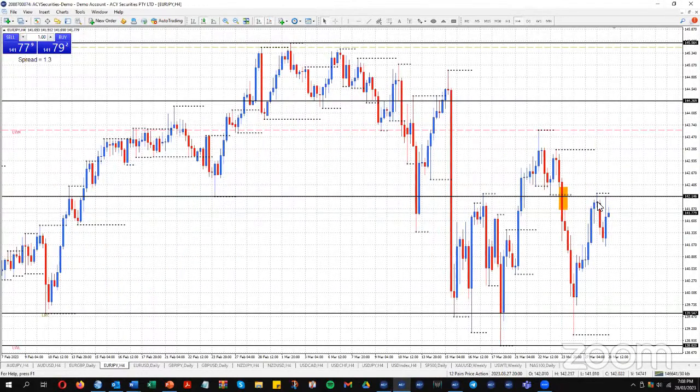Well, we held there and then we sold off through Asia. And I said, can we retest 142.14? Went up to 142.14. There we go. And also I was looking at can it retest 142.14 plus the figure? So clearly it's done that.